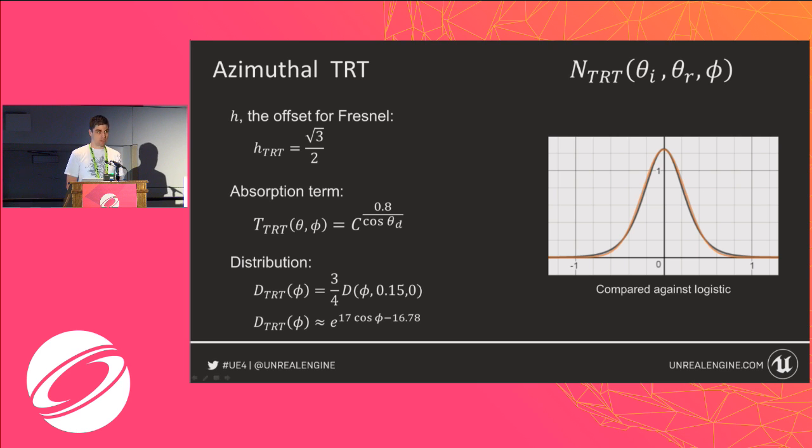For the purposes of Fresnel at least, I used this constant. For the absorption term, all use of H or the modified index of refraction are gone, again replaced by a constant. For the distribution, I again started with the logistic function and chose the constant for S of 0.15, and then again fit that with a Gaussian to replace the logistic. The graph shows the difference between that logistic function and the Gaussian.